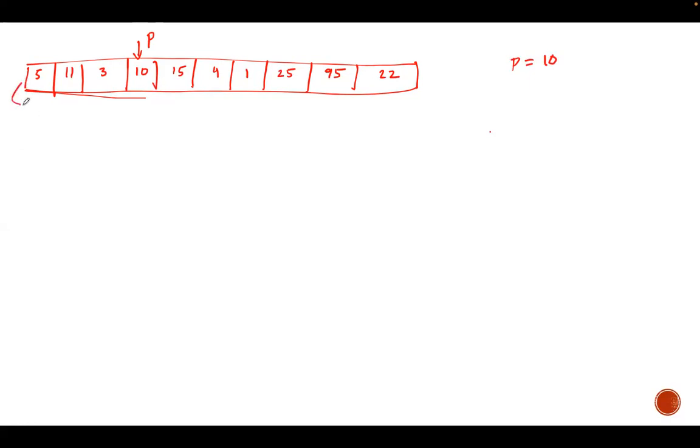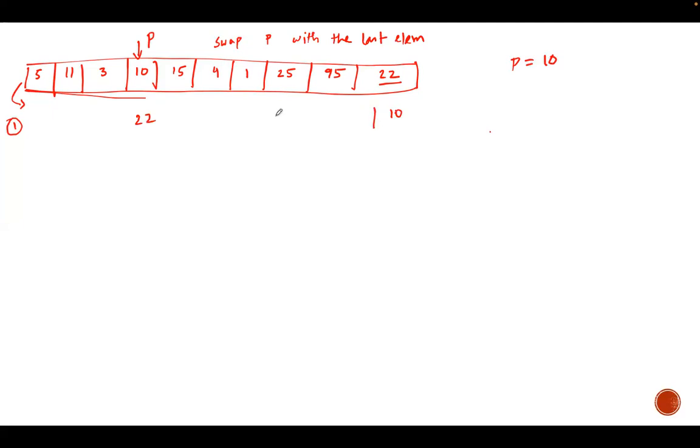The first step is that we are going to move the pivot out of the way. So what we're going to do is swap the pivot with the last element, which is 22. So 22 will be here and 10 will be here.